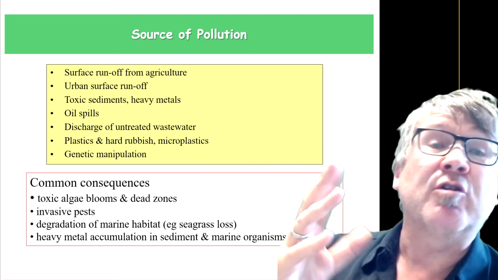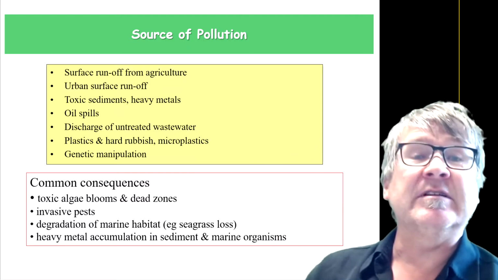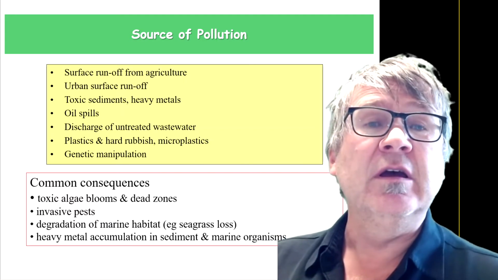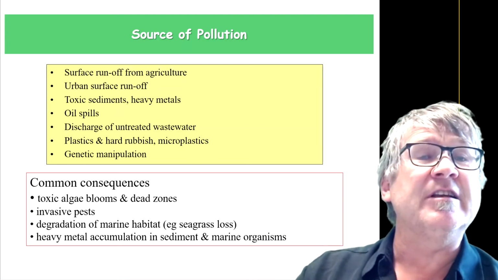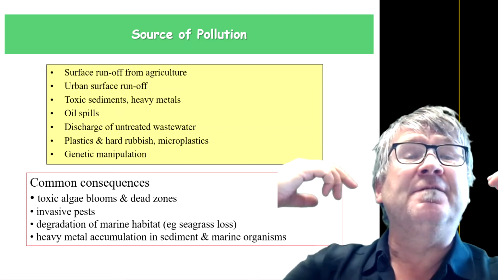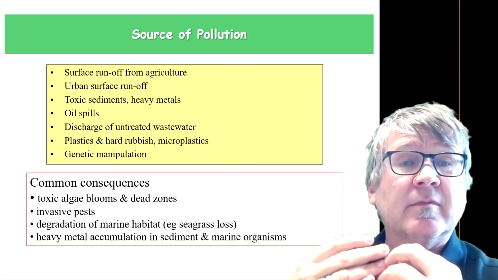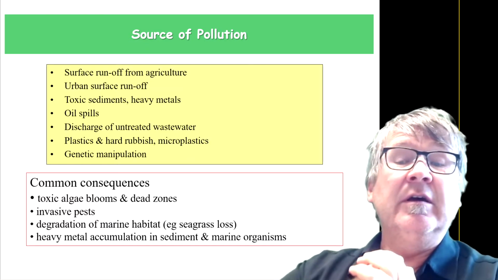So what are the common consequences? Very common consequences are algae blooms, toxic algae blooms, and the formation of dead zones. Dead zones are regions where there is an insufficient amount of oxygen available. Okay, so you have very, very low oxygen levels.